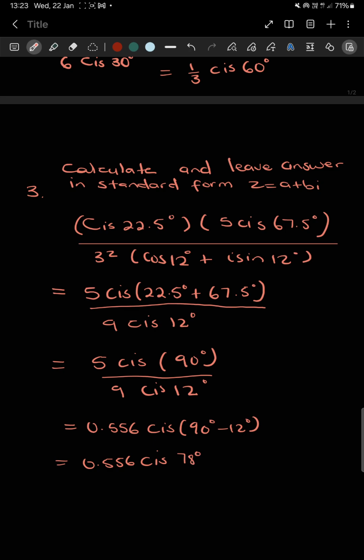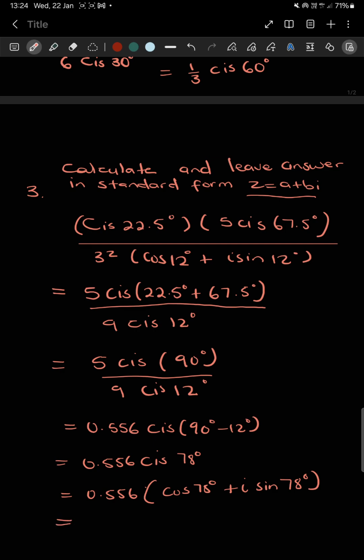This one has an extra instruction that we are supposed to leave in standard form. So meaning now it's in polar form, we need to change it to standard form. That's easy. Expand the polar form to the main one. So I'm going to have my modulus times cos 78 degrees plus i sin 78 degrees.